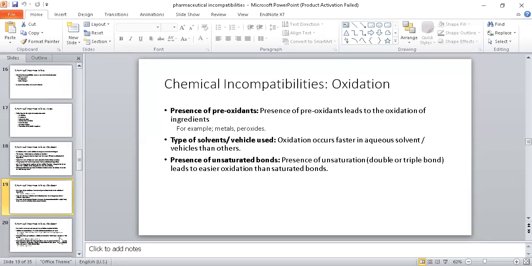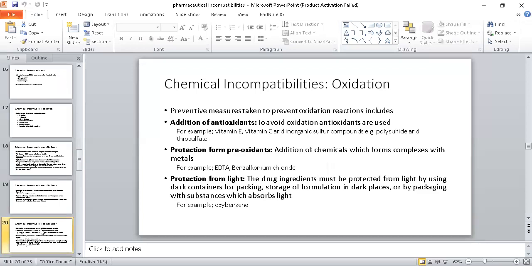Now, the prevention measures taken to prevent oxidation reactions include the addition of antioxidants to avoid oxidation.